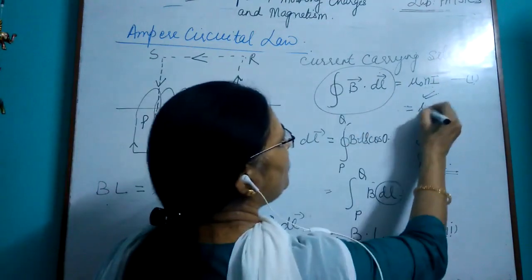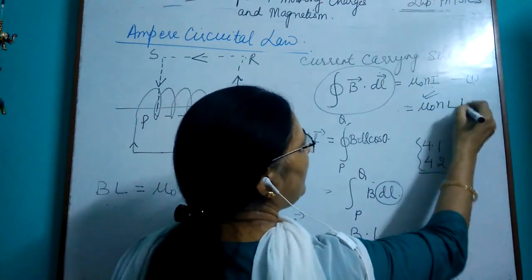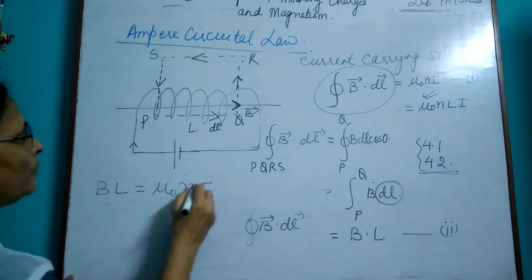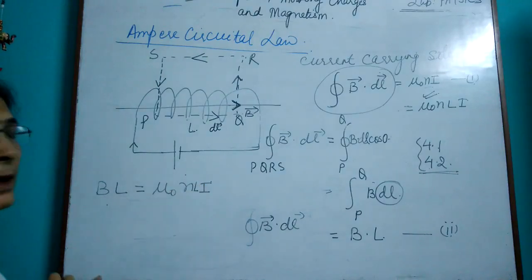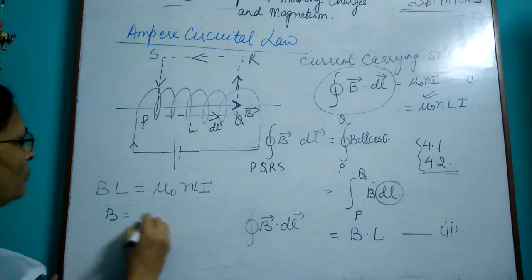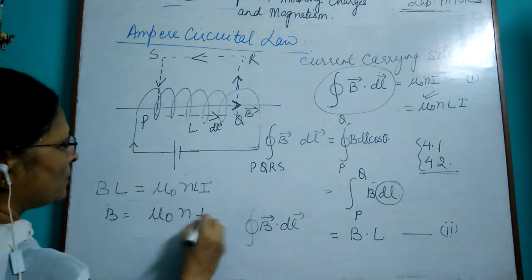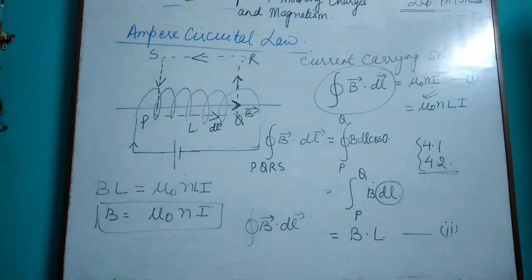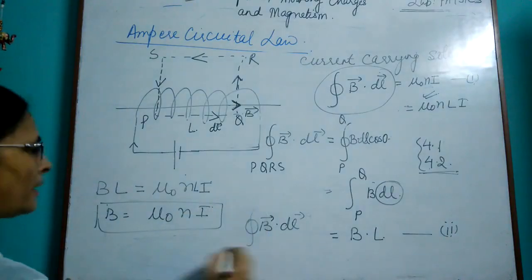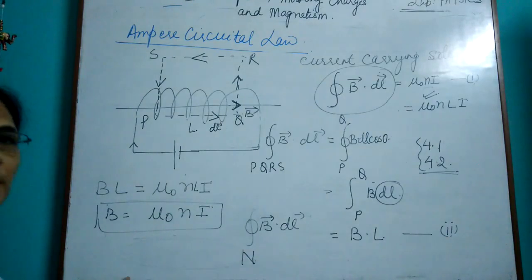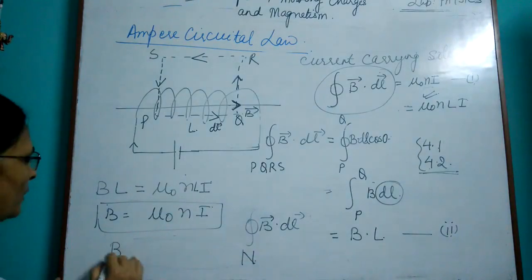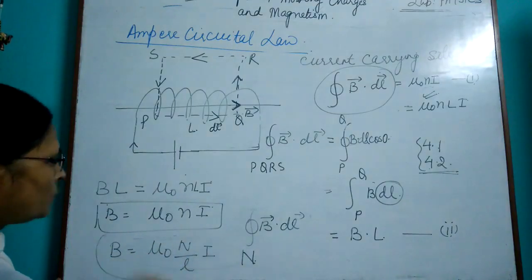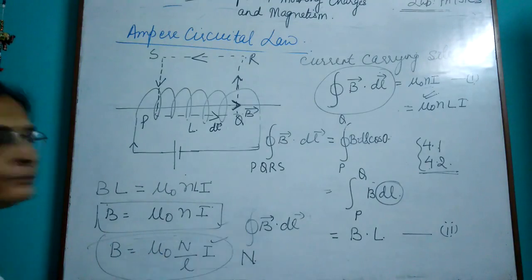So this will be equal to mu naught N L I. Here also it will be now mu naught N L I. So B will be equal to mu naught N I. And if you are taking capital N as number of turns, not per unit length, then in that case you will be obtaining B is equal to mu naught N upon L into I. See, these two expressions are same.